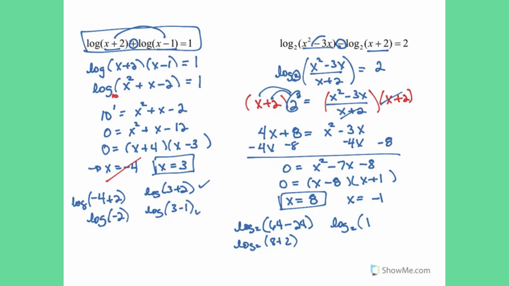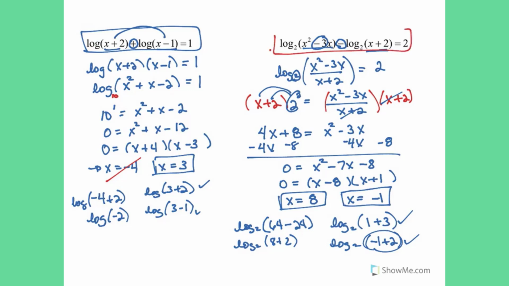And then negative 3 times negative 1 would be positive 3. That's positive 4. That's okay. Now I need to check it in here. So I have negative 1 plus 2. Well, that's positive 1. So this is a great example of where a negative can be a solution. I want to emphasize, you've got to check it back into your original equation.